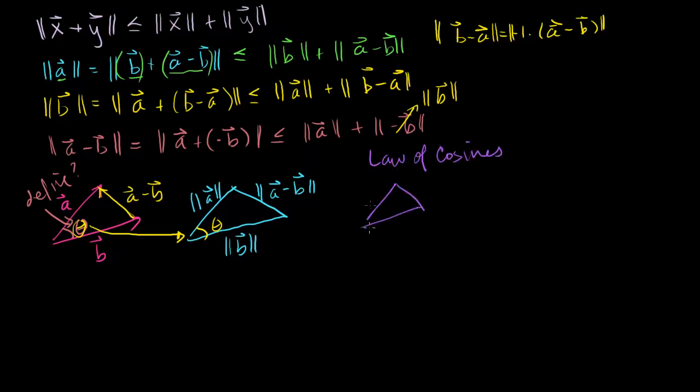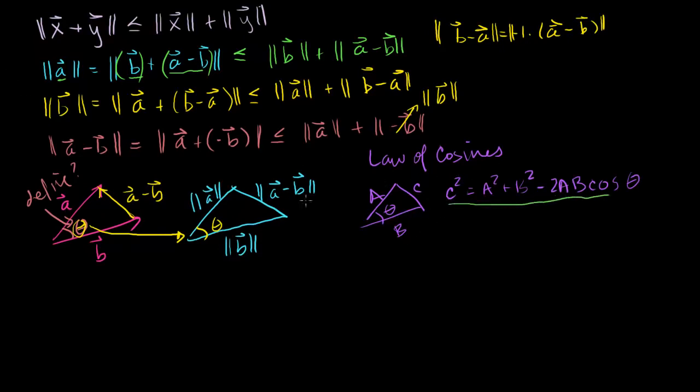So if this is side a, b, and c, and this is theta, the law of cosines tells us that c squared is equal to a squared plus b squared minus 2ab cosine of theta. I always think of it as kind of a broader Pythagorean theorem, because this does not have to be a right angle. It accounts for all angles. If this becomes a right angle, then this term disappears and you're just left with the Pythagorean theorem. But we've proven this. This applies to just regular run-of-the-mill triangles.